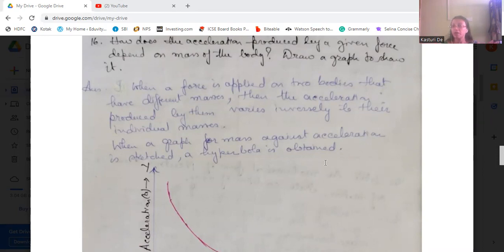If the mass is less, less force will be required to produce the acceleration.